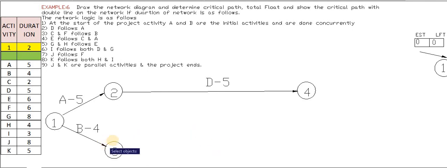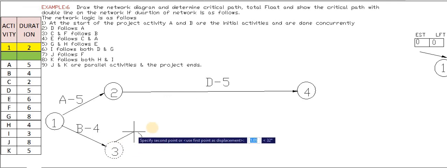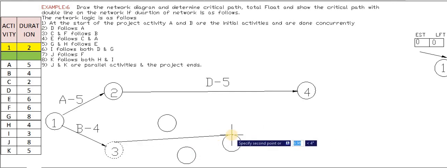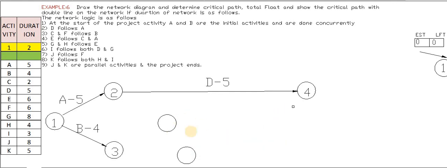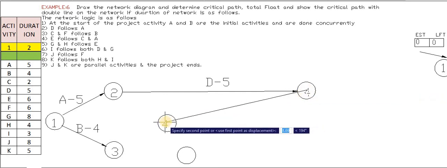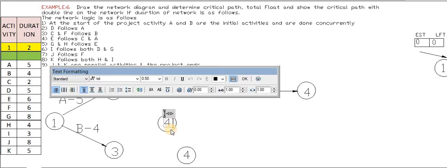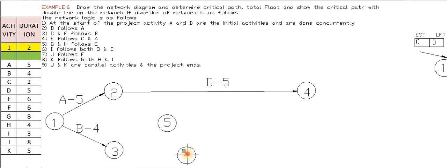So we will copy this, C and F, and we will give these numbers here, C as 5 and this as 6.